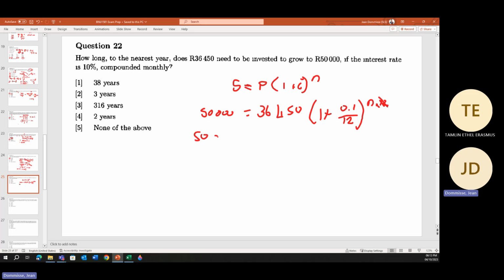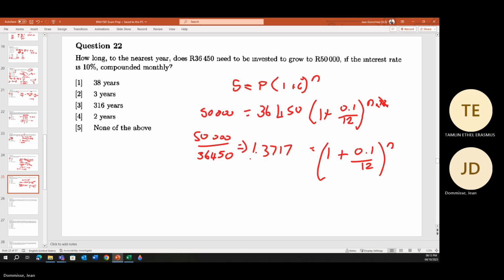So on this side again will be 50,000 divided by 36,450, and that is equal to 1.3717, which is equal to (1 plus 0.1 divided by 12) to the power of n.